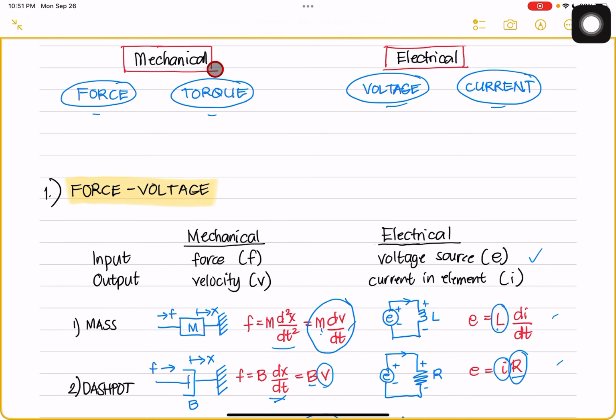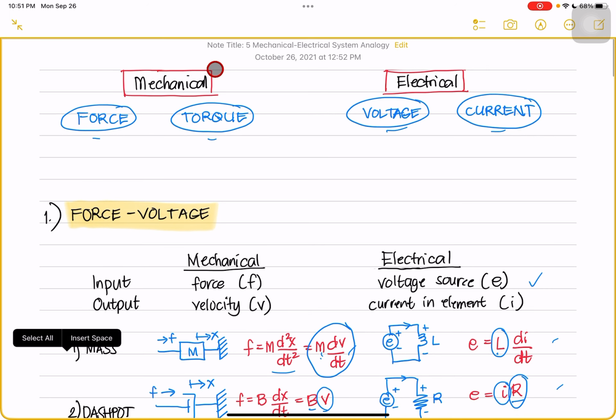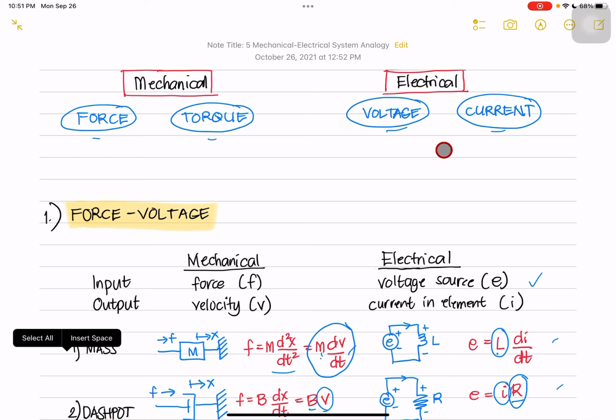Okay, so our next topic would be mechanical electrical system analogy. That means we can convert mechanical systems into the corresponding electrical system. In mechanical systems, we have force and torque as our input, whereas in electrical, we can have either voltage or current.